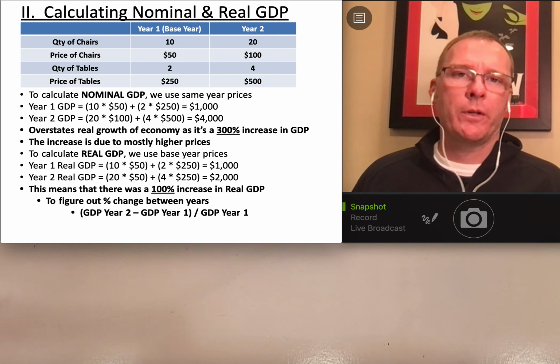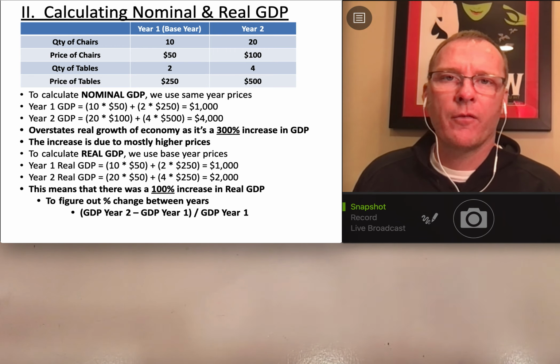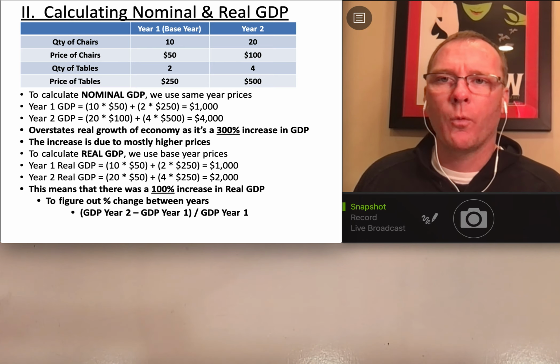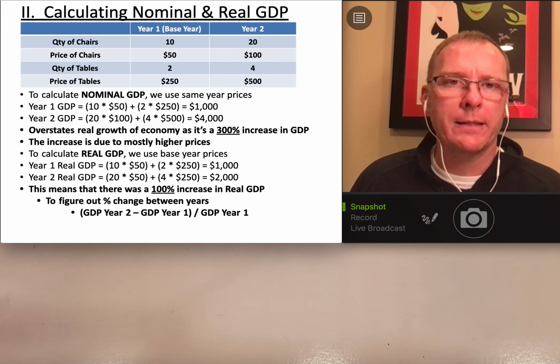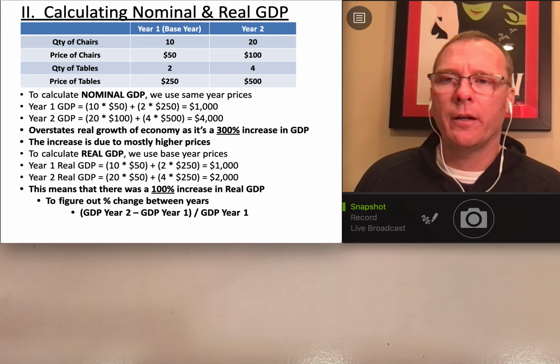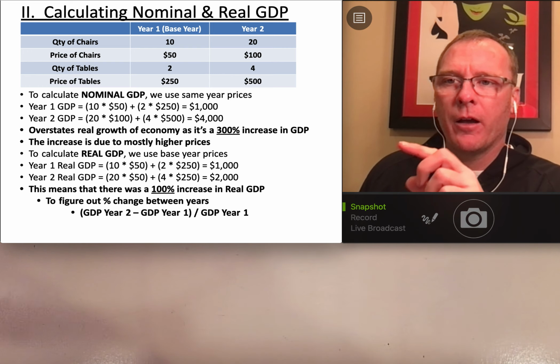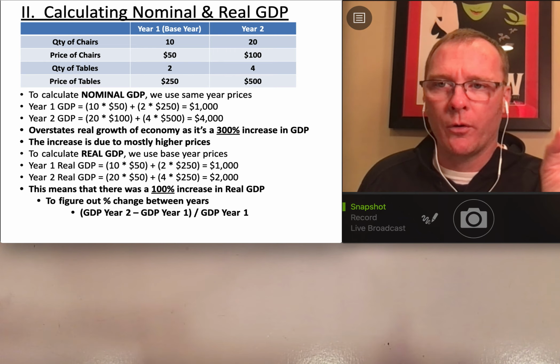If I use real GDP, what I'm going to do is have a base year for my price. So if I use year one as my base year, and that will always be a given, you will know what the base year is, okay? If I use year one as a base year, in year one, you can see over here, real GDP will be $1,000 total, right?